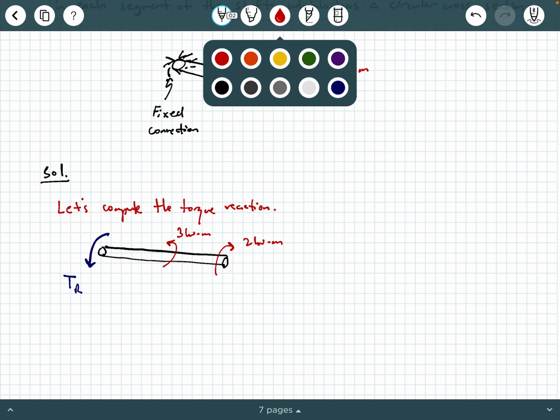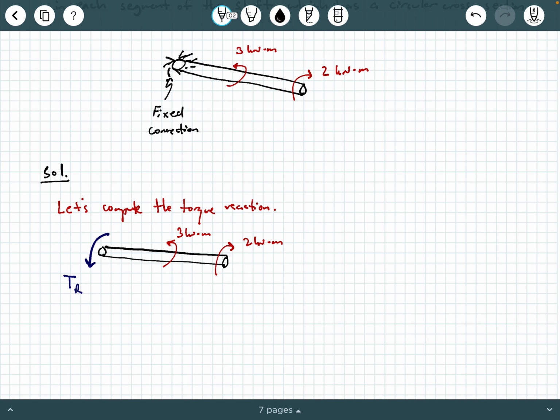The best way to do this systematically is to draw a viewpoint here. I'm going to draw a little eyeball, and I'm going to say right now I'm looking at the end of that shaft, so this is a little eyeball looking towards the shaft. When we do that, what do we see? We see a circular cross section, that's the shaft, and then we see the 2 kilonewton meters first. From this viewpoint, the 2 kilonewton meters is going clockwise.